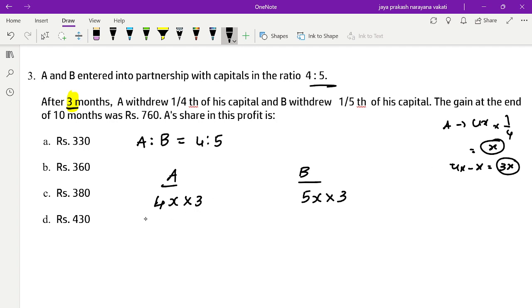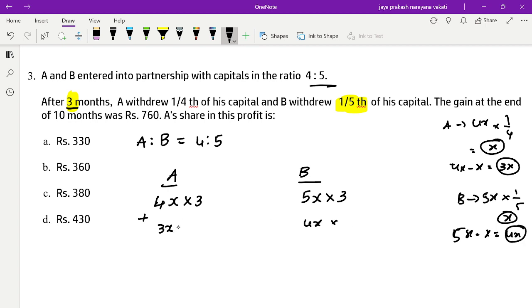So now A is investing 3x rupees. Similarly B is 5x rupees, and B withdraws how much, as given in the problem? One fifth. One fifth of 5x is x, so B is now investing 4x.